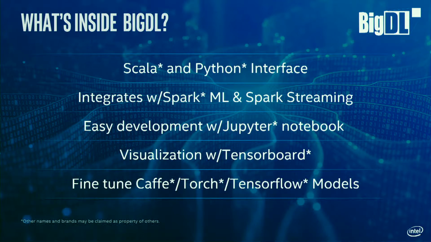Users can also load Caffe, Torch, or TensorFlow models into BigDL and do fine-tuning after that. And another great thing about BigDL is that I talked earlier about MKL, and it's actually a library written in C. So we have wrapped the C files and made it an independent jar file.